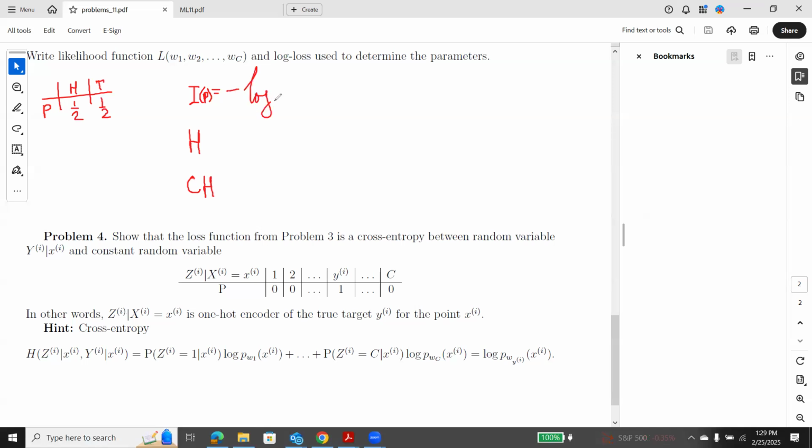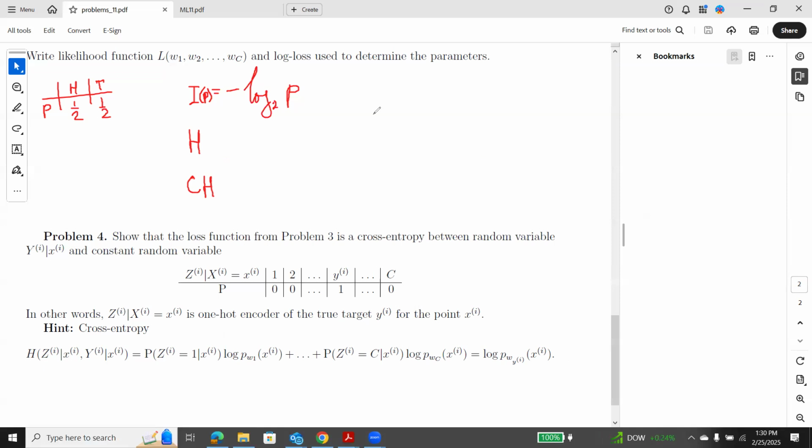In computer science, we use base 2. In statistics, typically we use natural log. So what is the information if you flip a coin and it resulted in heads? Just substitute 1/2 for p. It's 1, so it's 1 bit of information.